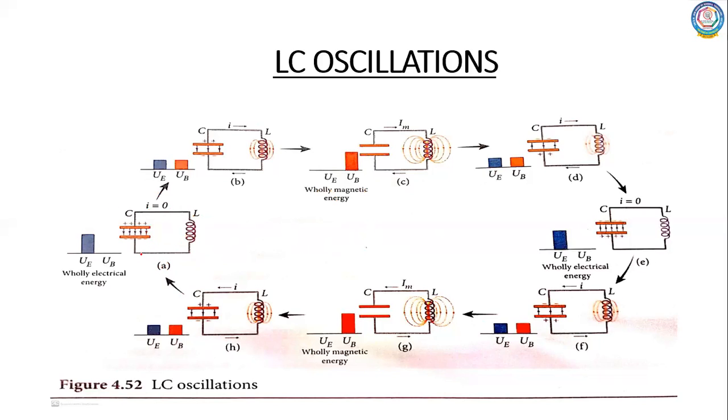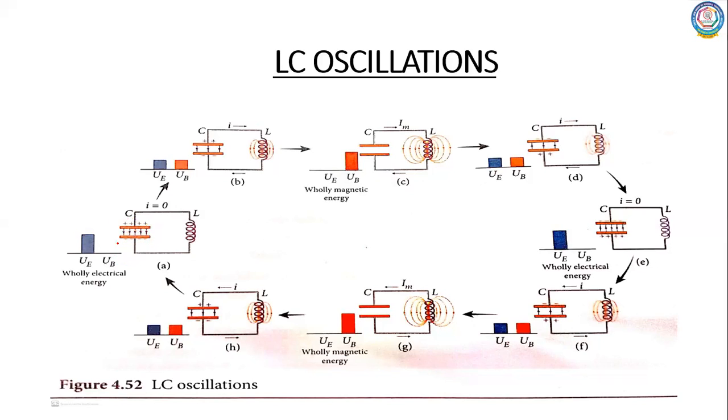Now we know that the capacitor is a device which is used to store electric charges. Here we assume that the capacitor is fully charged. There are two parallel plates. This plate is positively charged, and here you have negative charges, right?